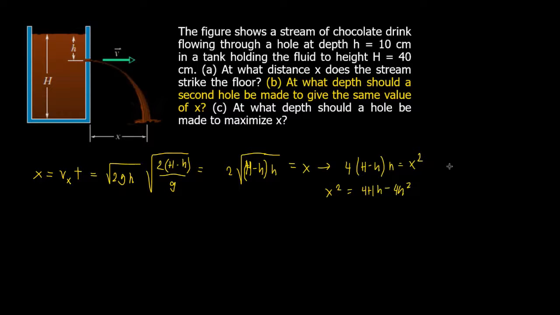We're maximizing x, right? When we maximize, we are finding the point where the derivative is 0. So we're just going to take the derivative in terms of h. What do we have? I'm wrong, no, it's not like this yet.